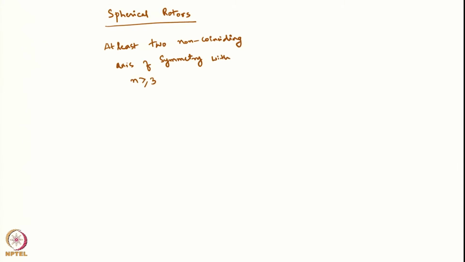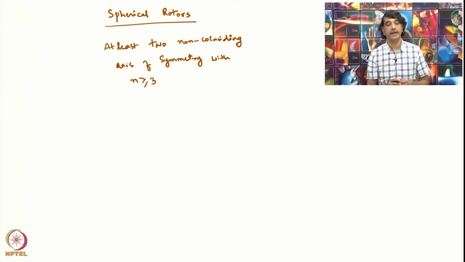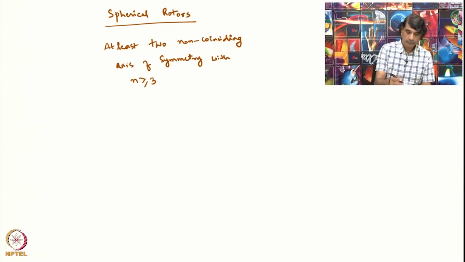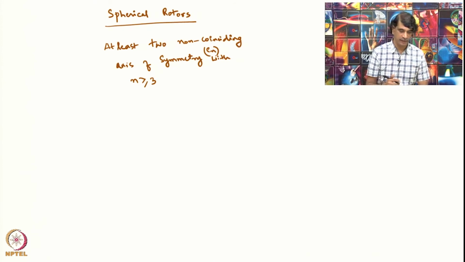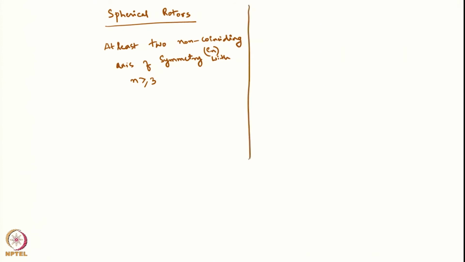That means there will be at least 2 non-coinciding axes that are C3 or more, coinciding axis of symmetry Cn. Of course, Sn will also do because Sn has an element of Cn in it, improper axis of symmetry.